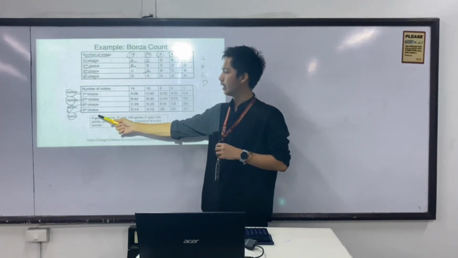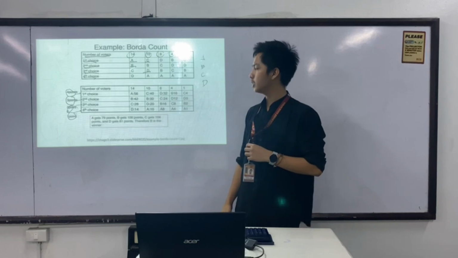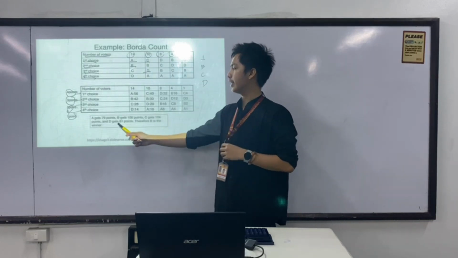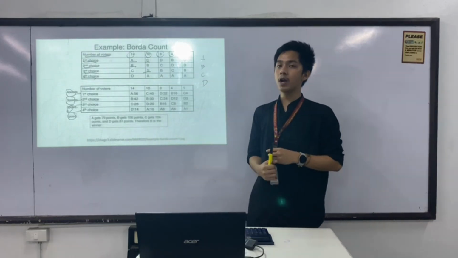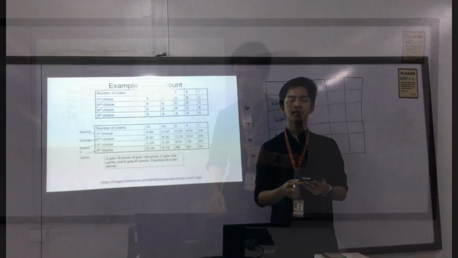This all gets that A gets 79 points, B gets 106 points, C gets 104 points, and D gets 81 points. Overall, B is the winner and wins the election.